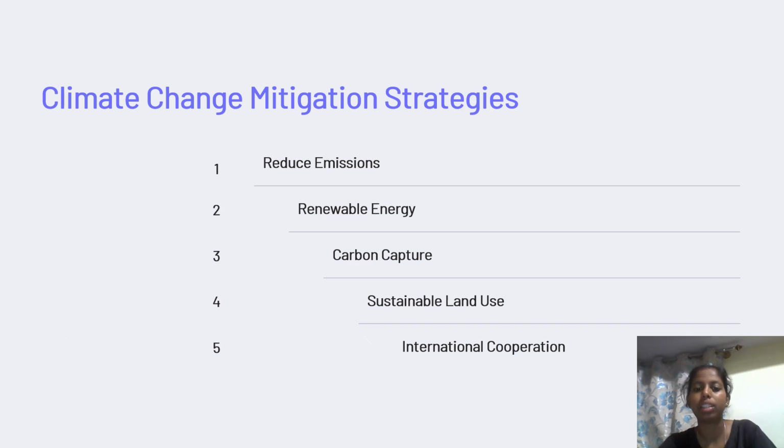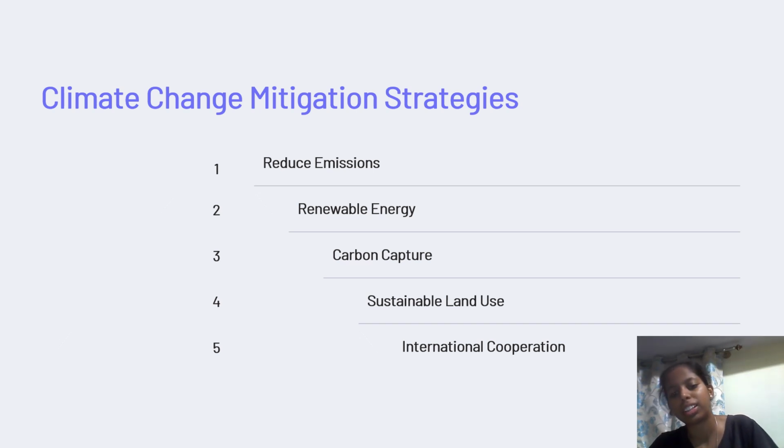Renewable energy: by using renewable energy in a maximized way, we can have a sustainable climate. And also carbon capture. We should keep track of carbon capture in the air where the humidity gets calculated.